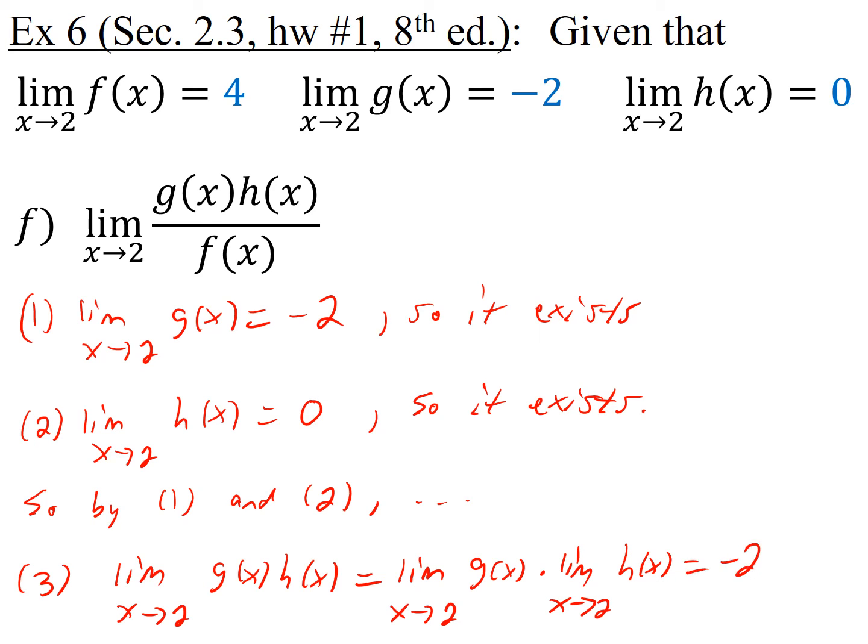The first one is -2, second one is 0. So the answer is 0. Maybe I shouldn't have boxed that because that's not our final answer. But we just found out the limit of the top is 0, and so it exists. Don't let 0 bother you. It's the limit of the top. Limit of the top being 0 is not a problem.